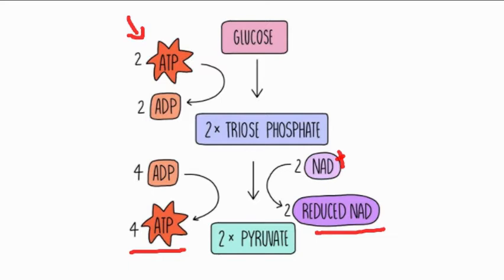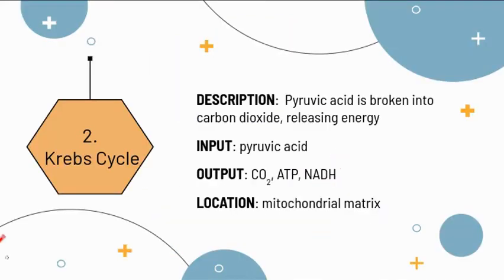When oxygen is present, NADH and the pyruvic acid that is generated become the input for the Krebs cycle, which is our next stage. So in the presence of oxygen, the pyruvic acid produced in glycolysis passes to the second stage of cellular respiration, which we call the Krebs cycle.